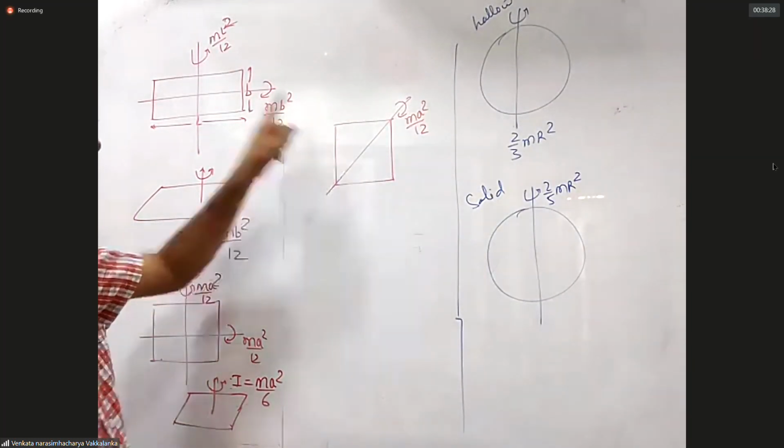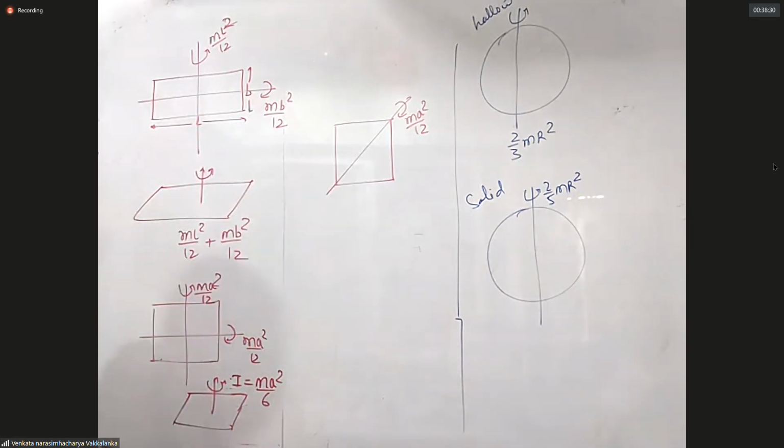But the same thing will not apply for a rectangle. We will solve for a triangle separately and then apply it to a rectangle. That is because diagonals are not perpendicular.